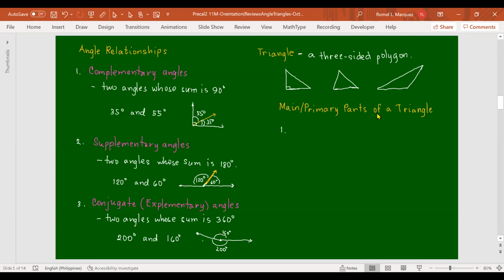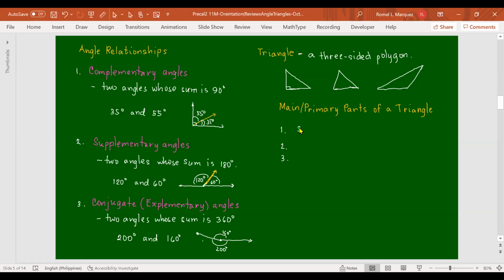What are the main parts of a triangle? There are actually three. Main or primary parts, those that you can see common to all of them, to any triangle. Every triangle has these parts. It's either the sides, vertices, and angles.